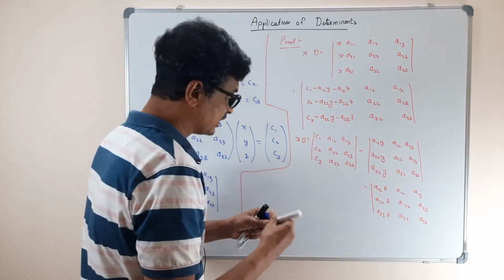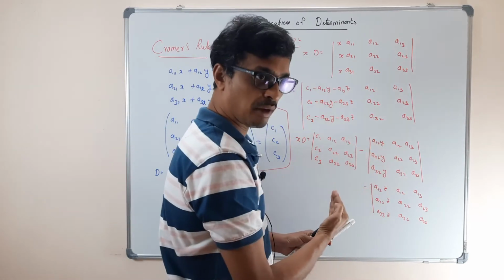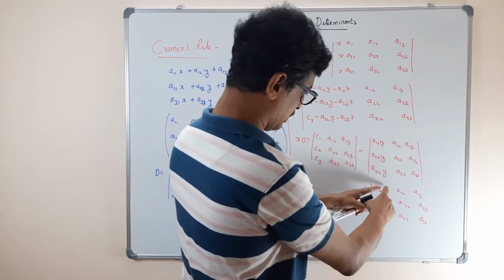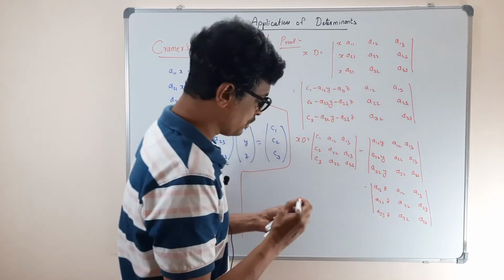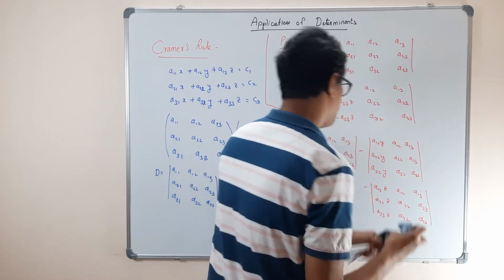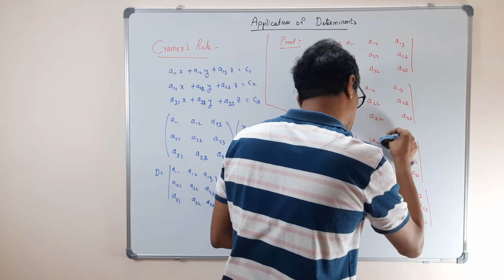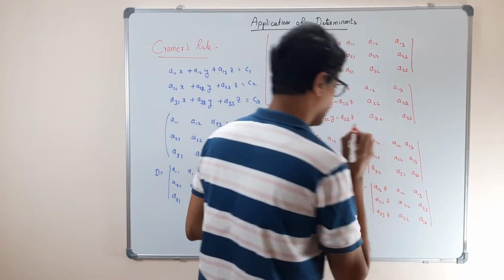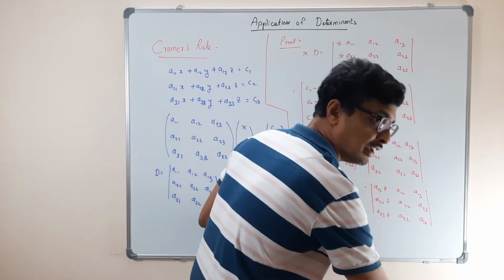Now again, see, y is a constant multiple, so I can take it in front and multiply it with the determinant, correct? Similarly here, z also. So I can take this y commonly outside and write it in front. Similarly, I can remove this z from here and write it in front.